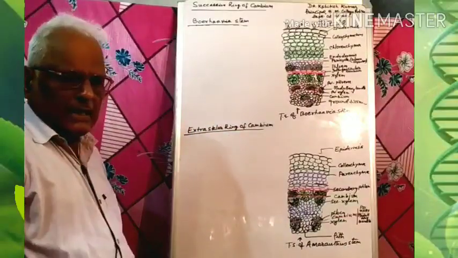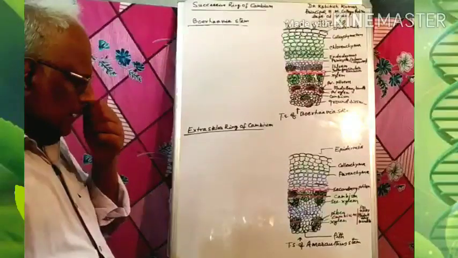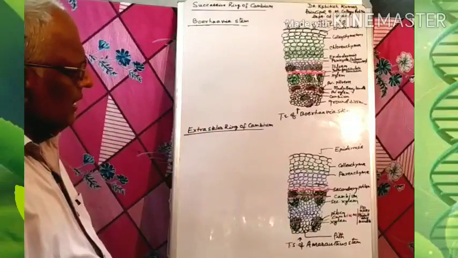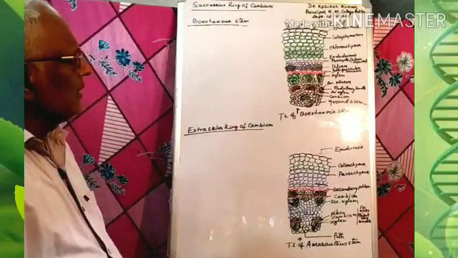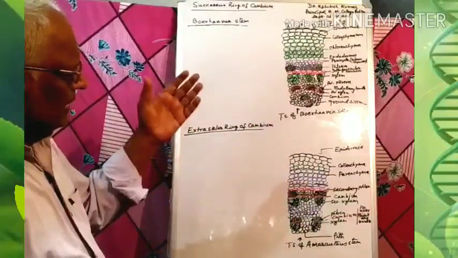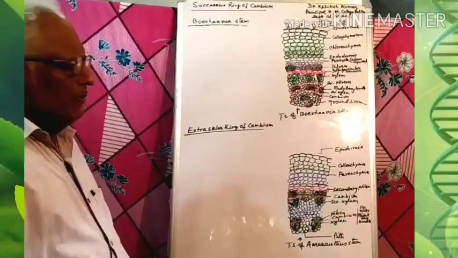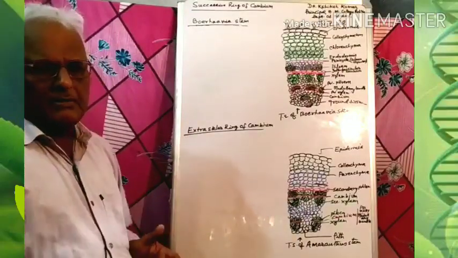Boerhaavia is a plant of family Nyctaginaceae, and this is also a twiner. When we cut a transverse section of the stem, we shall find 3 rings of vascular bundles in the ground tissue.